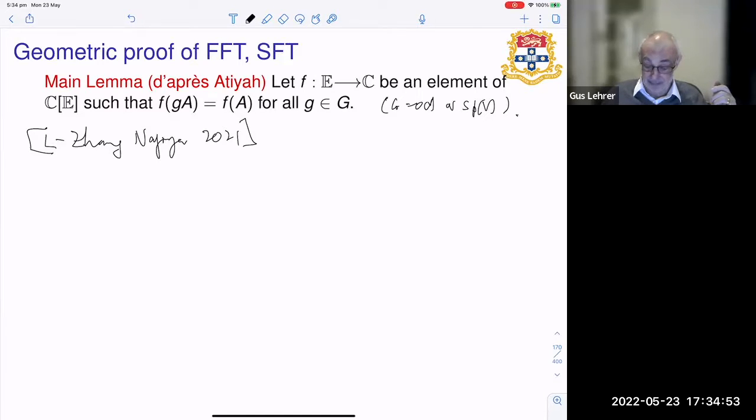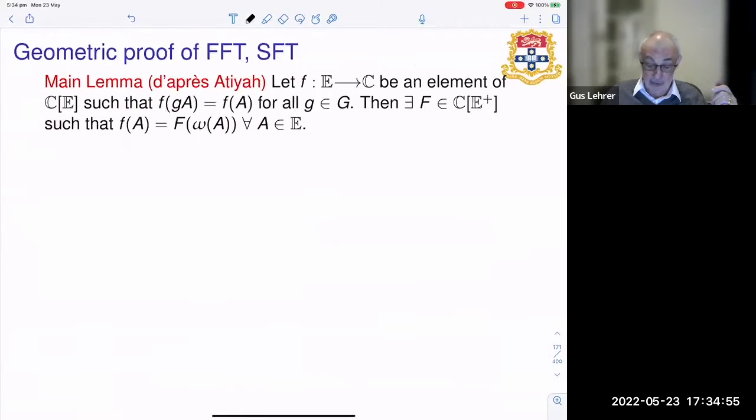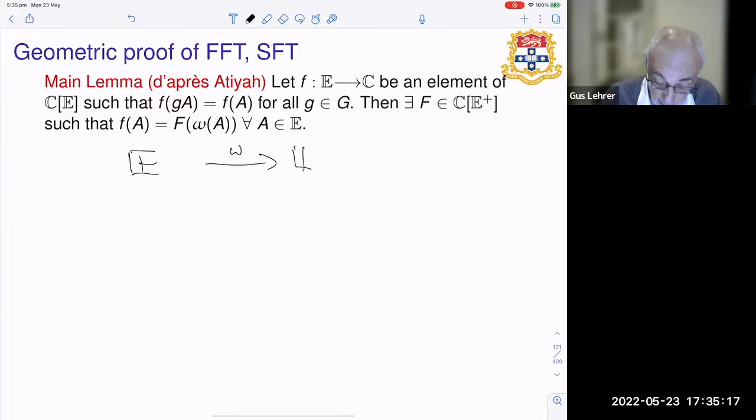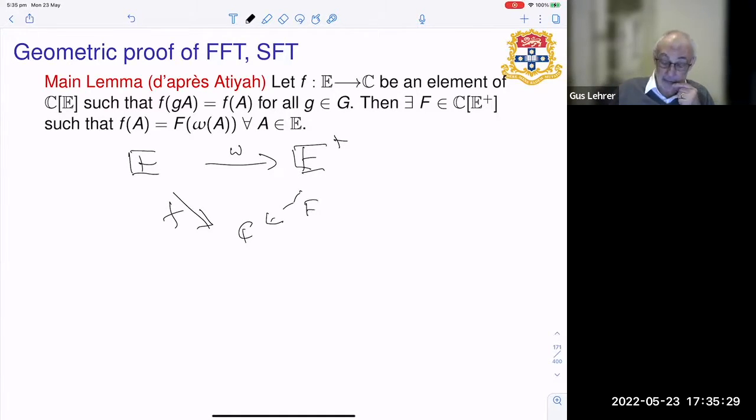Then the conclusion is there is an F in C of E plus such that f of A equals F of omega of A. So we have E, we have omega to E plus, we have this F here. We're saying that there is an F like this.